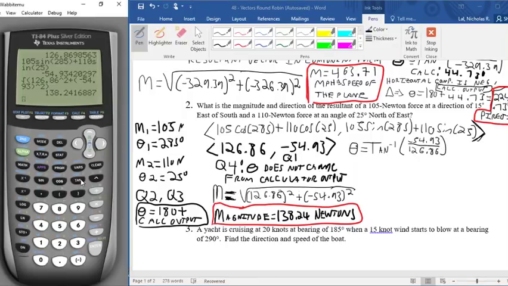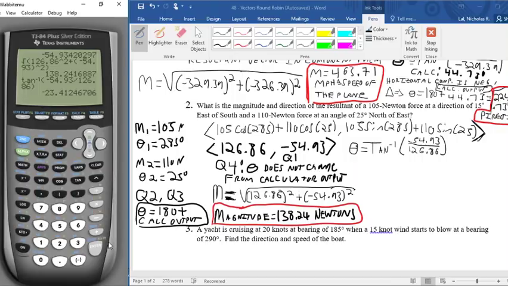So we find the inverse tangent of negative 54.93 divided by 126.86.